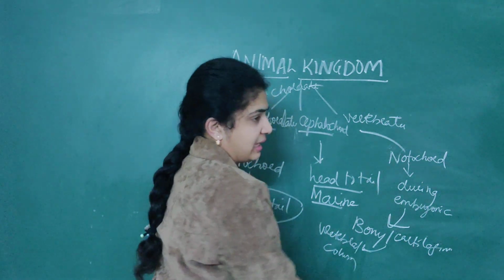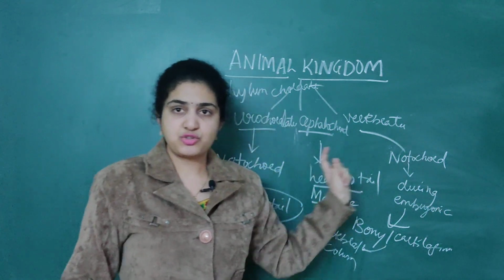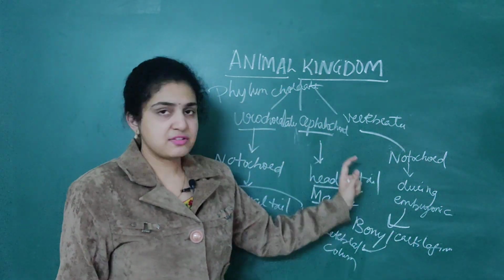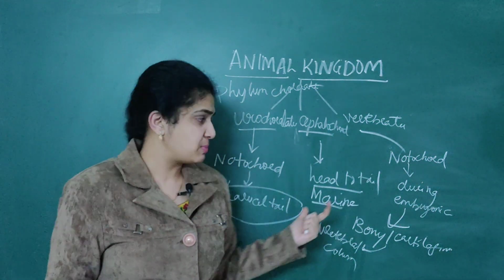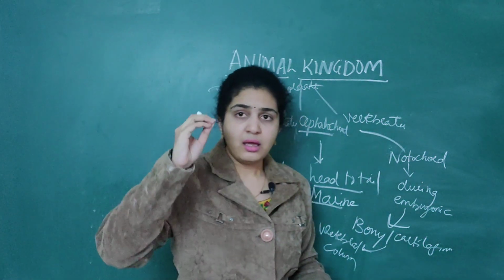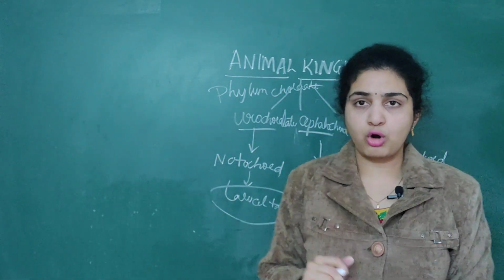So this is the main differentiating feature between urochordates, cephalochordates as well as vertebrates. NEET will ask so many questions based on this. Notochord present only in the larval tail is in urochordates.